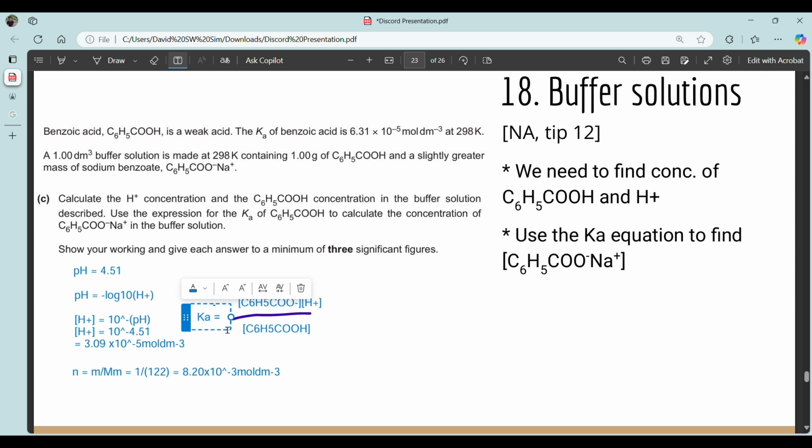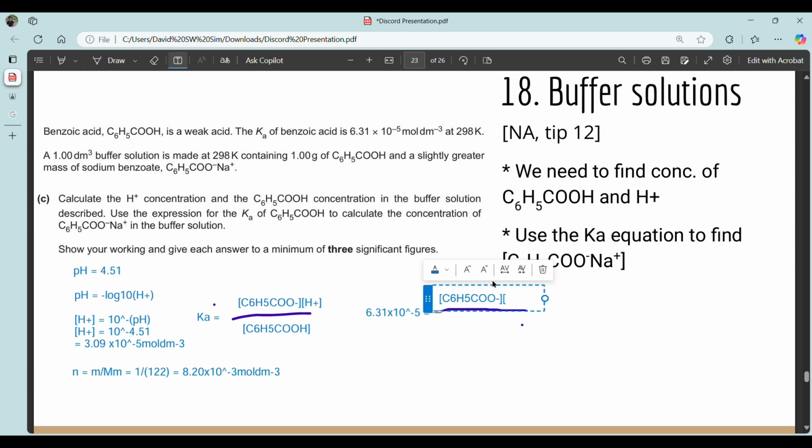We just sub everything into the equation. Ka we know is 6.31. H+ we know is 3.